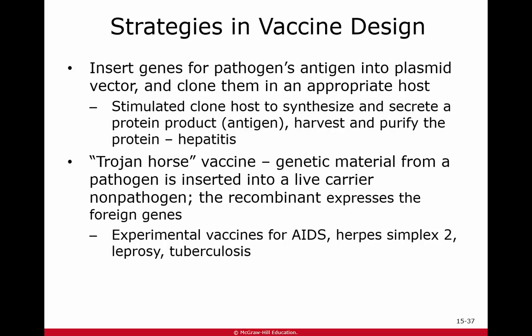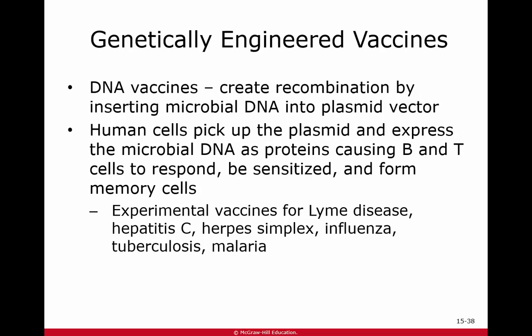So the idea here in a Trojan horse vaccine is you have genetic material from a pathogen inserted into a live carrier non-pathogen, and in turn this actually can harm or even kill that type of virus or bacterial infection. So interesting stuff that they've got going on with genetically engineered vaccines and that type of stuff.